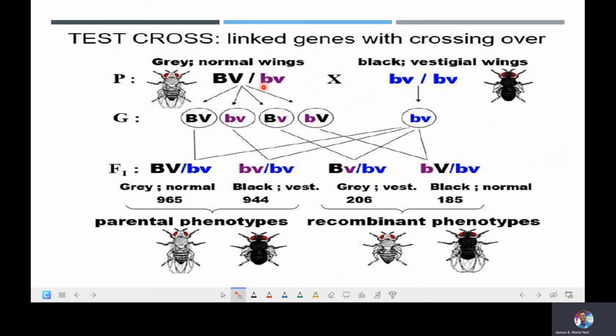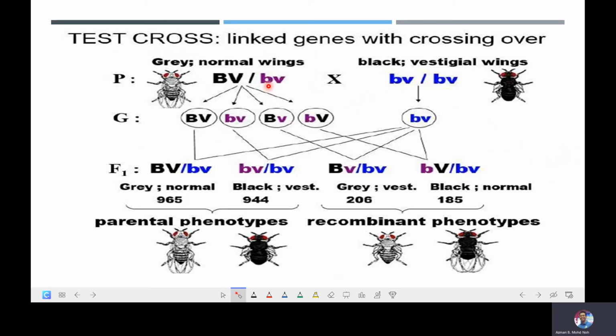The same goes for this small b and small v. They will be linked together and go into one same gamete. However, due to crossover, this capital B allele can be joined to this small letter v and go into one same gamete.